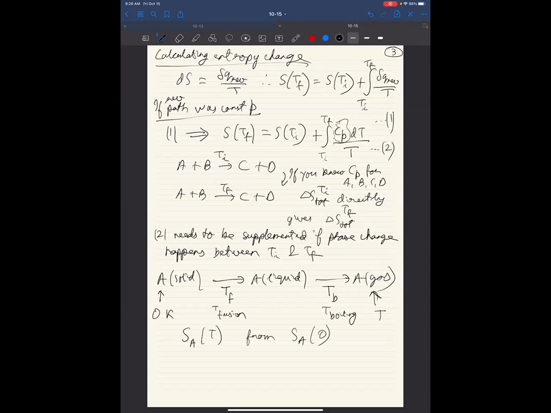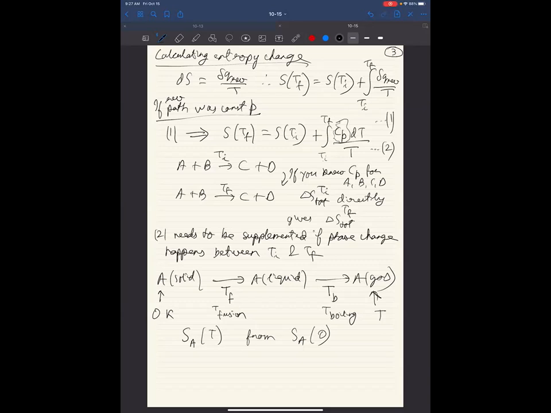How do I do that? If I was to use formula 2, then it would have been very simple, right? I would just say S is equal to S of 0 plus integral Cp dT by T going from 0 to some temperature T.